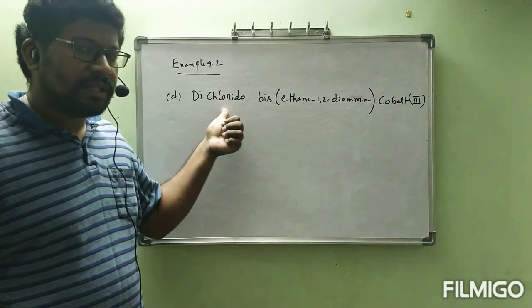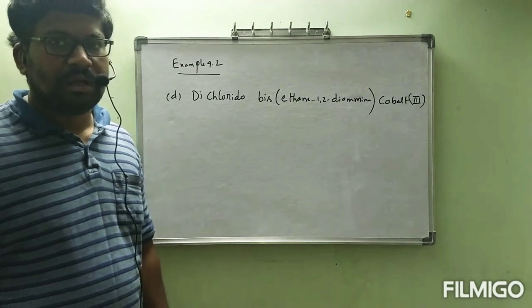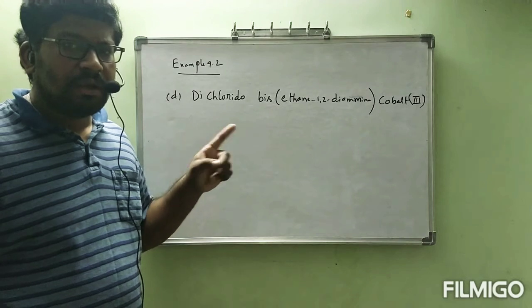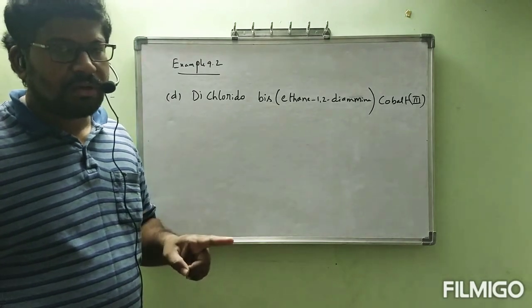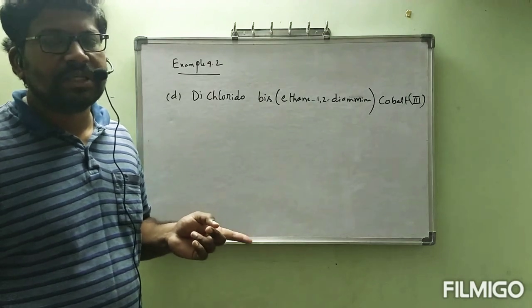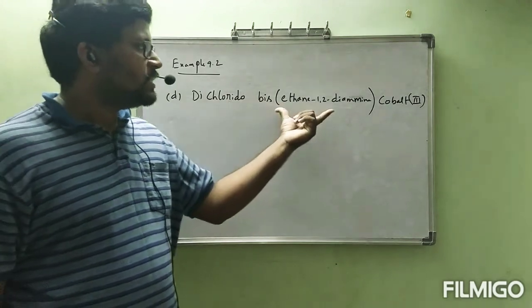But what did they write here? Chlorido means that is ligand. Negative ligand will be ended with O. Are you able to understand, ma? If chlorine is present as counterion, we will get chloride. If chlorine is present as ligand, then only its name is ended with O, chlorido. So this is ligand. Definitely this is also ligand.